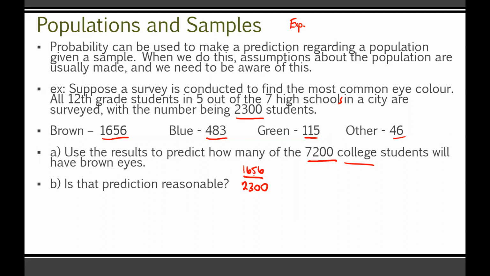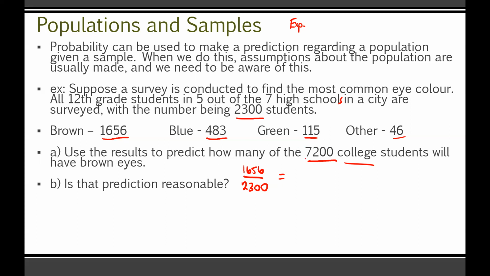Now, here's the thing. If this is our experimental probability for our high school students with 2,300 students, we can set this equal to an experimental probability for college students. Notice that on the bottom of our fraction, we had the total number of the high school students surveyed, 2,300. If we're going to carry this forward to another population, we can just change our total number to whatever the total number is in our other population.